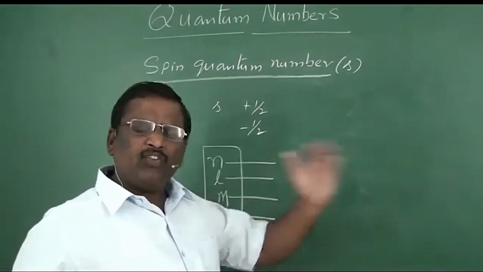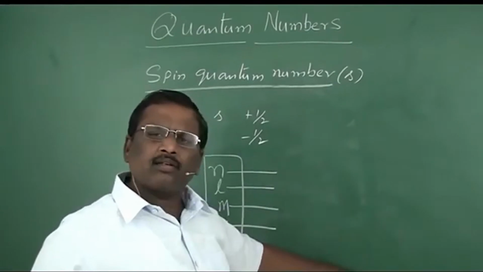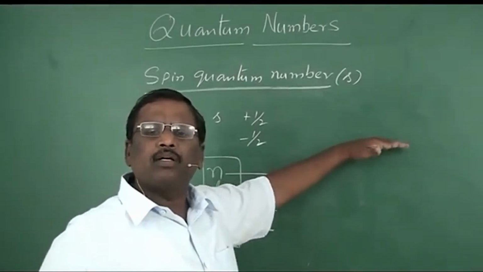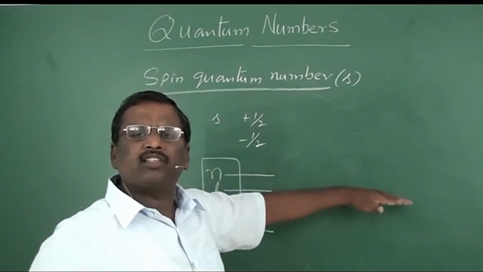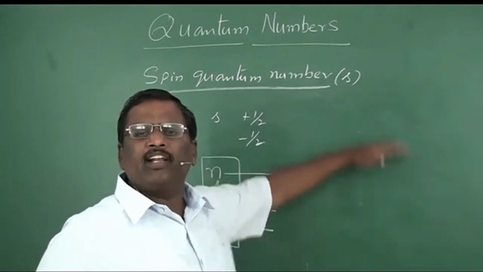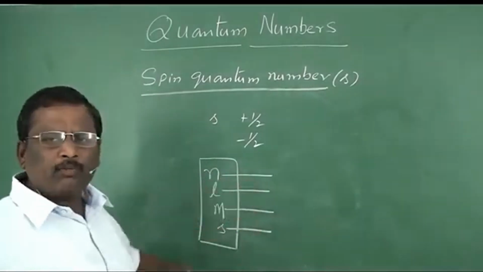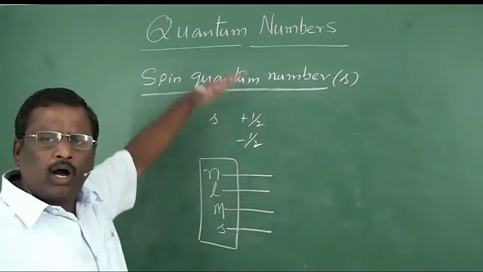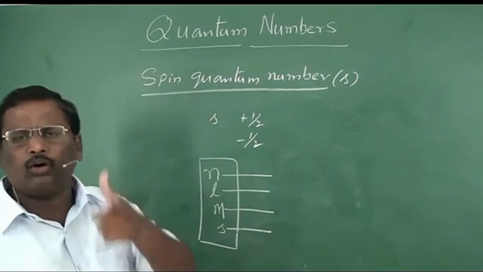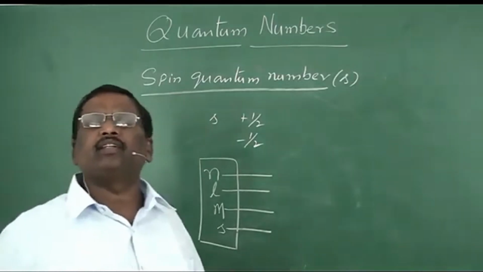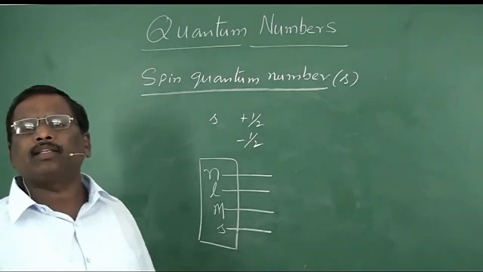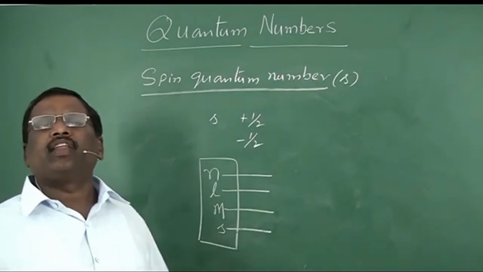So to identify a person, we require seven tags: name, house number, street, town, district, state, country. Then only we can identify that particular person. Just like that, for an electron, with a single quantum number it is not possible to identify the electron. If you give all four values for a particular electron, we can easily identify it. So these four quantum numbers are nothing but an address for an electron in an atom.